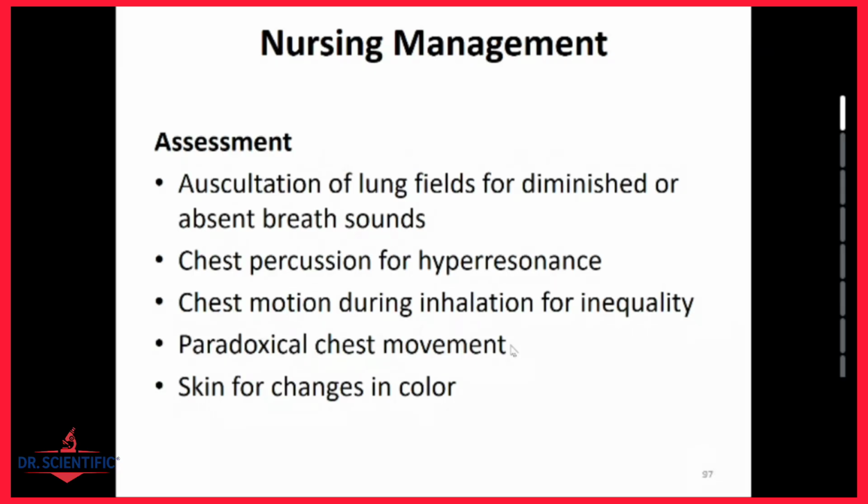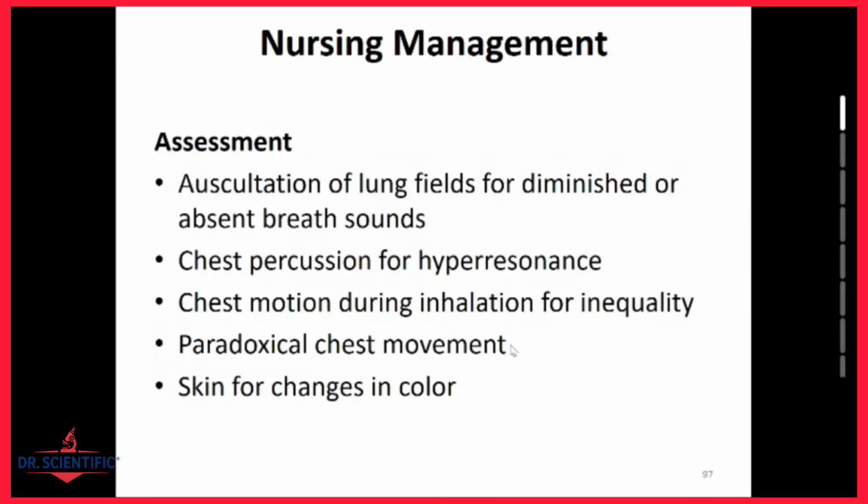Your nursing management assessment, of course: auscultate the lung fields. Chest percussion. On chest percussion for pneumothorax, you will hear hyperresonance. Chest motion during inhalation. We said that on your clinical manifestation we talked about asymmetrical chest expansion, so you get to check for that.